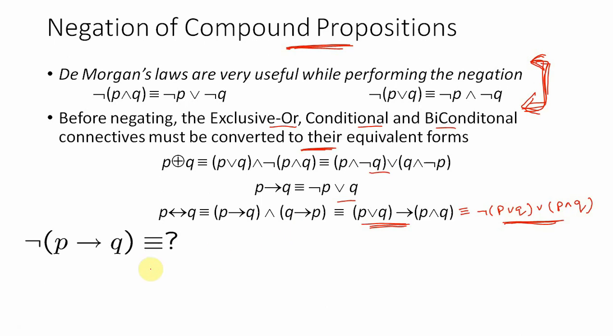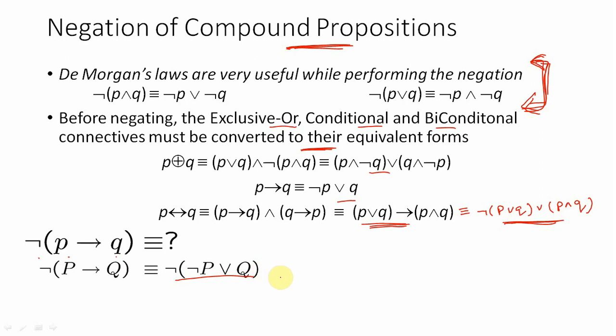So let's have a simple example. If I want to negate an implication, it simply says P implies Q. Now I want to negate this. So before negating, what I'll do is I'll rewrite it in its alternate form. So negation of not P or Q, now I can negate it.